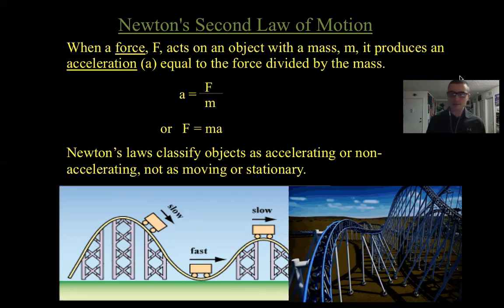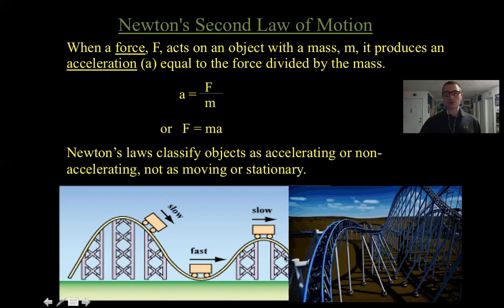If I get a basketball versus a bowling ball, the bowling ball is probably going to inflict more force because it has a whole lot more mass compared to the basketball, right? And that mass allows it to accelerate a little bit more as well. So Newton's laws classify objects as accelerating or non-accelerating, not as moving or stationary.